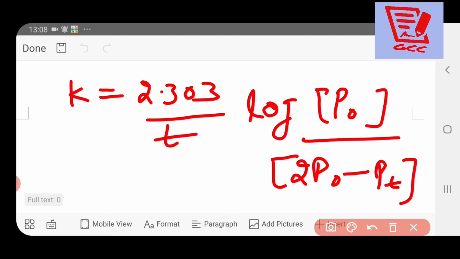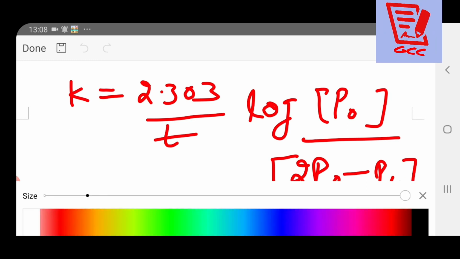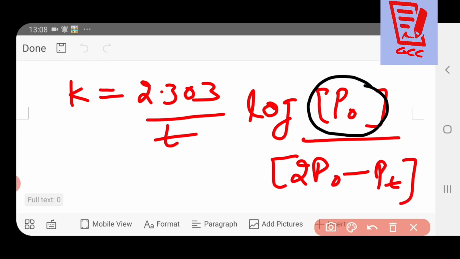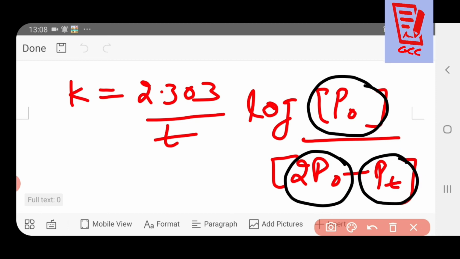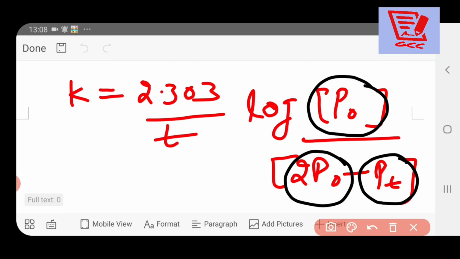Here P naught is the initial pressure and Pt is the pressure at time t. Is that clear? So this is the expression that we have made for the first order reaction in the gaseous phase. You should remember it.